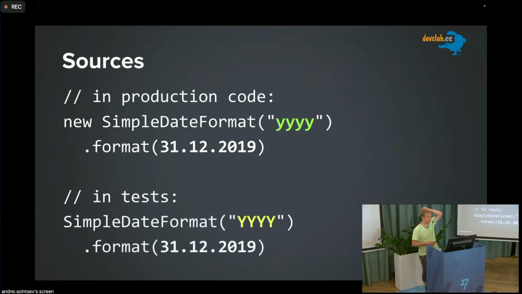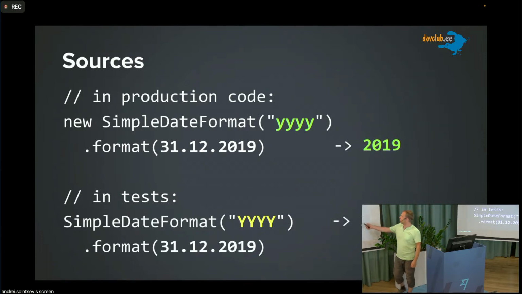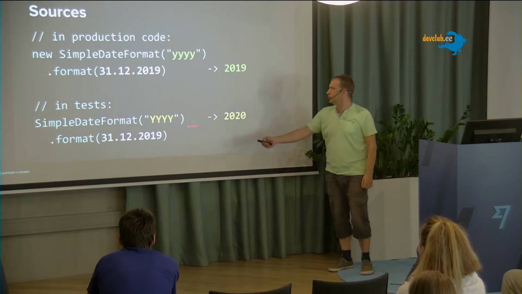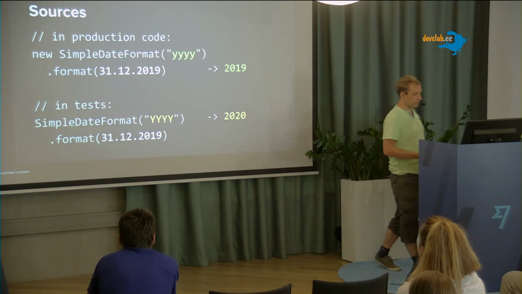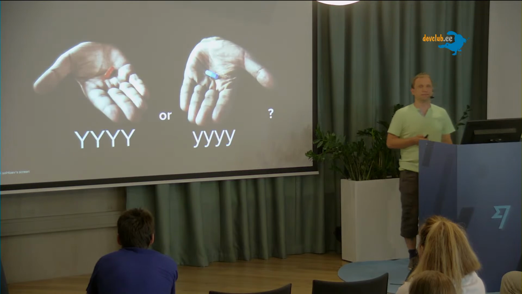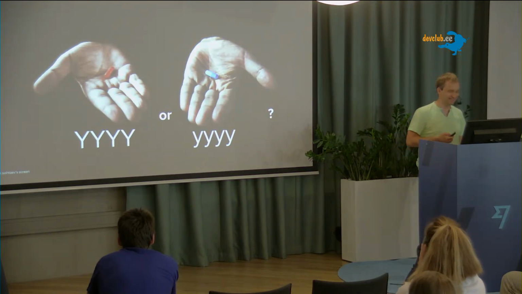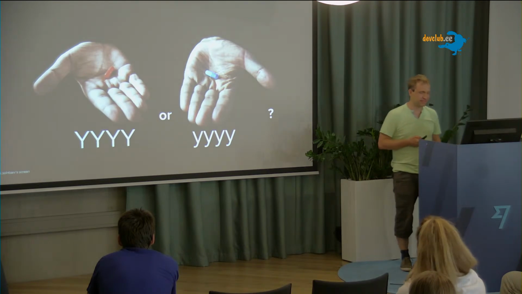Can you catch the difference? Exactly, right. This expression gives this value, and this expression gives this value. Which one is correct? Which one is better? Which one would you pick?